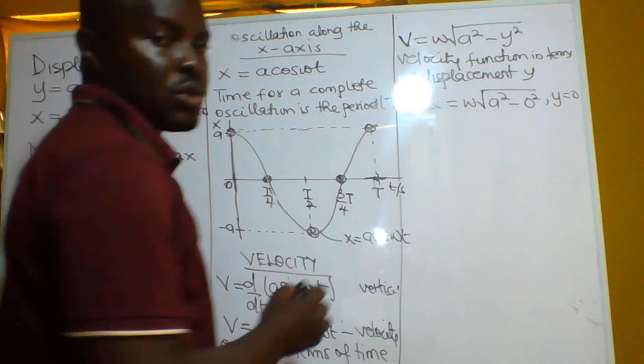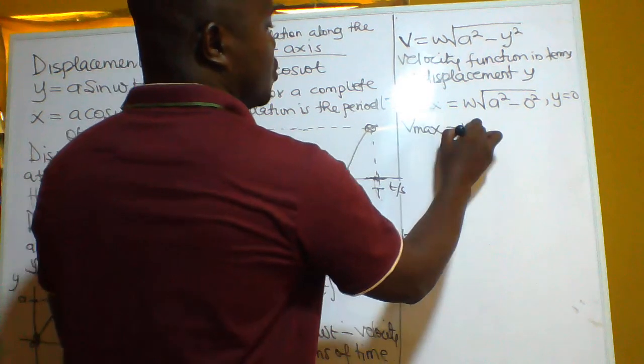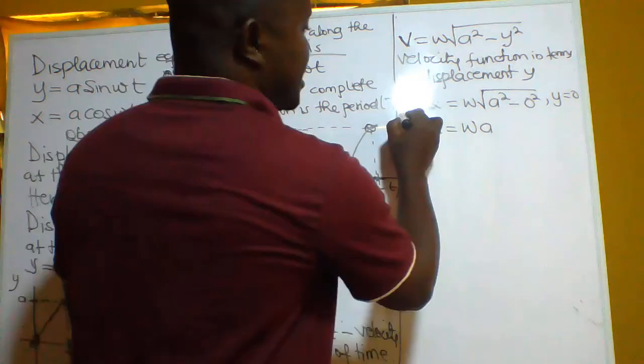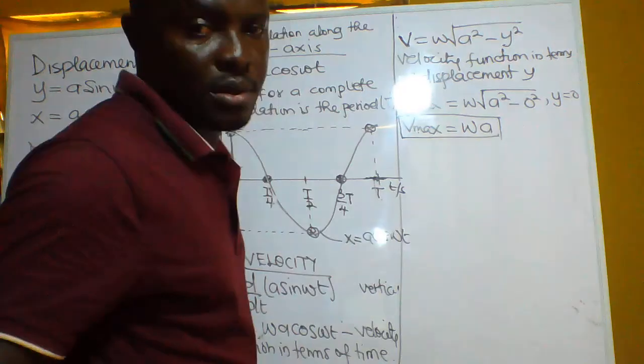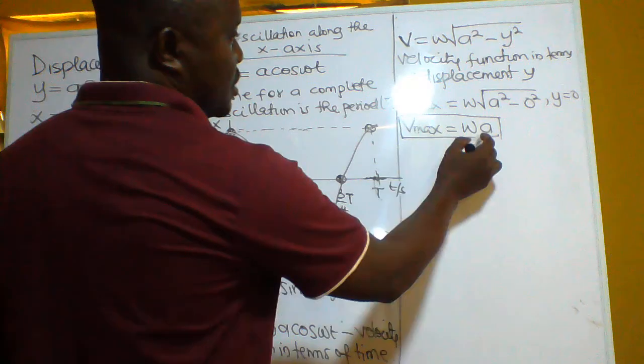If y is equal to 0, then our maximum velocity is equal to omega times the amplitude. So v max is equal to this.